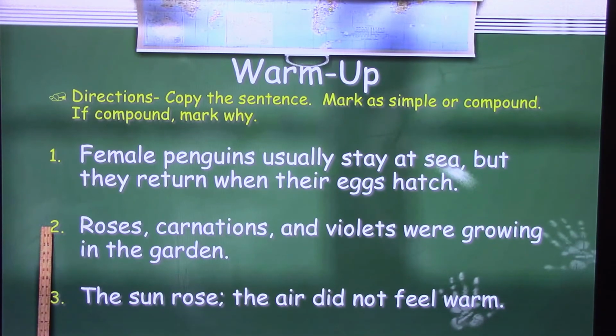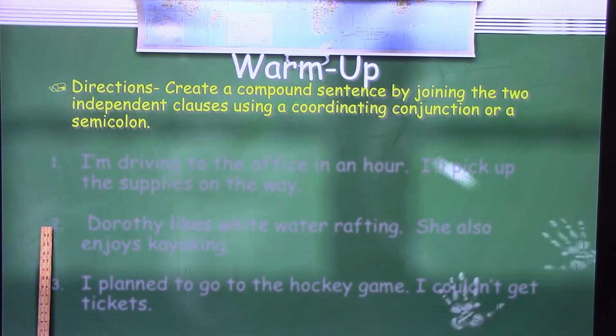Roses, carnations, and violets were growing in the garden. The sun rose, the air did not feel warm. You need to know which of these sentences is a compound sentence and which one is a simple sentence.